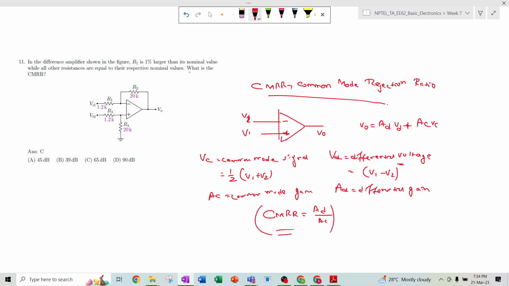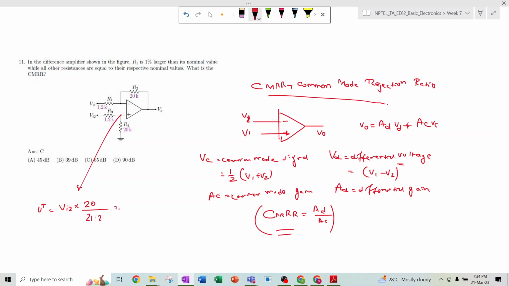Now, what is the value of CMRR in this case? Here V plus is nothing but this Vi2 multiplied by 20 divided by 20 plus 1.2, that is 21.2 kilo ohm.